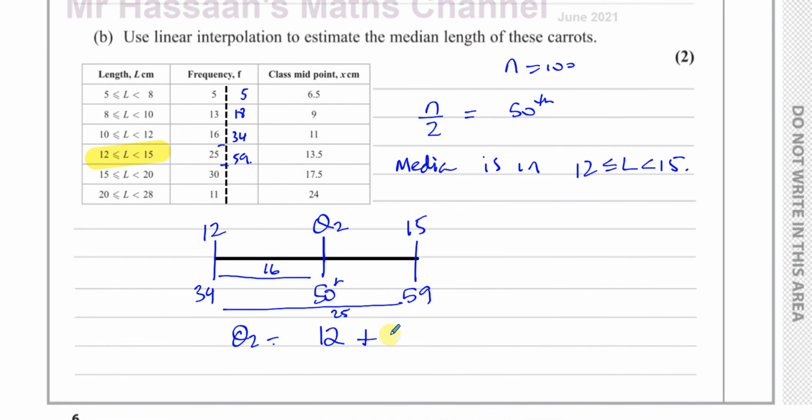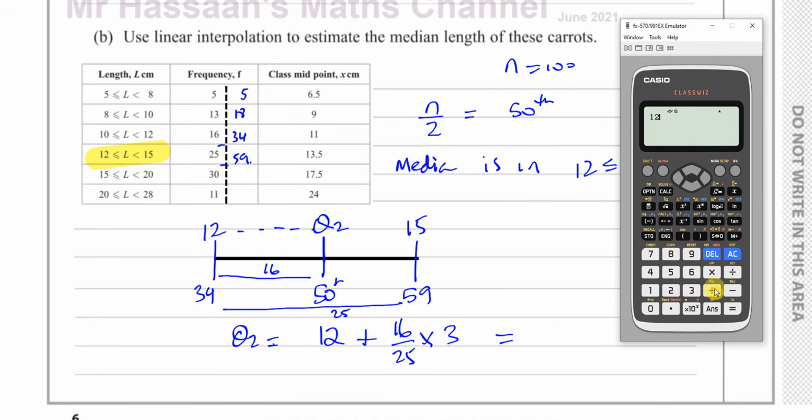The fraction that Q2 is along this section is the same fraction as the 50th term is along this section. So it's going to be 16 out of 25 times, and I multiply by the width of this interval, 3. And that should give us the value of the median, which we called Q2.